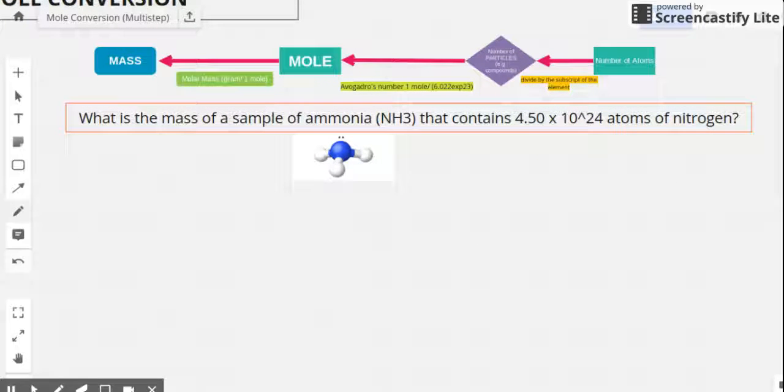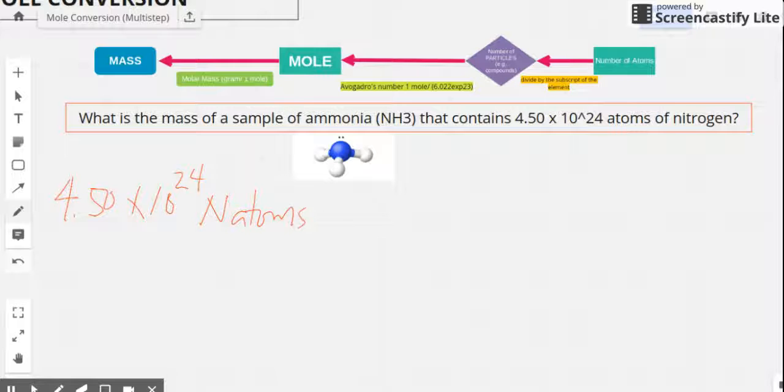What is the mass of a sample of NH3, ammonia, that contains 4.50 times 10 to the power of 24 atoms of nitrogen? So we begin with the number of atoms. Then we divide it by the subscript of the element we're talking about. So we write 4.50 times 10 to the power of 24 N atoms.